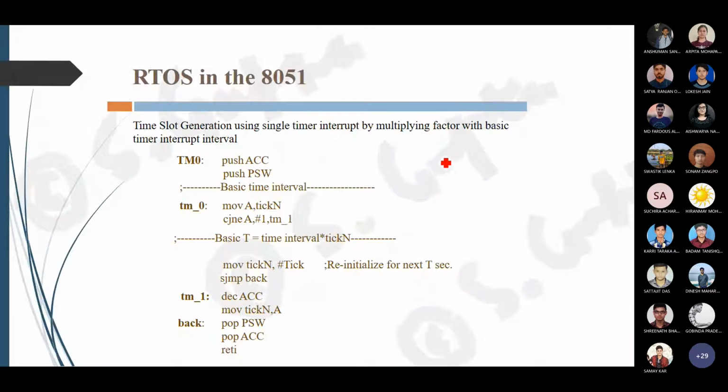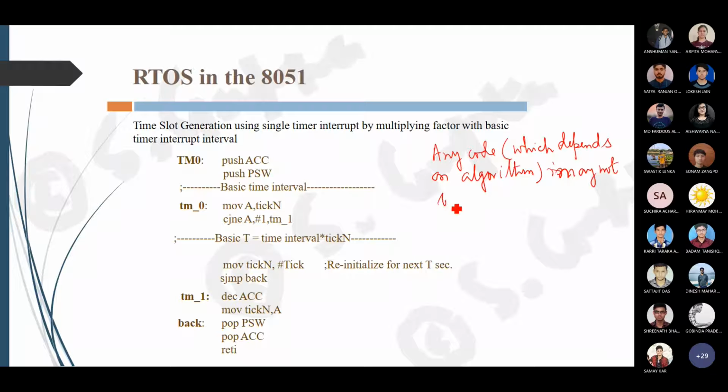Any code which is dependent on the algorithm you used may not be unique.